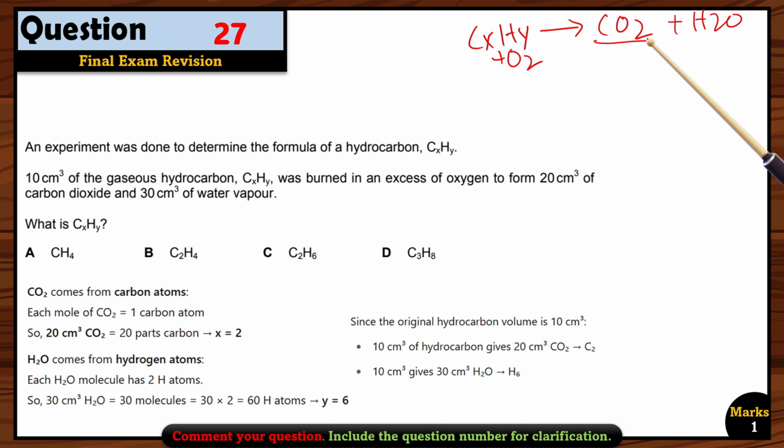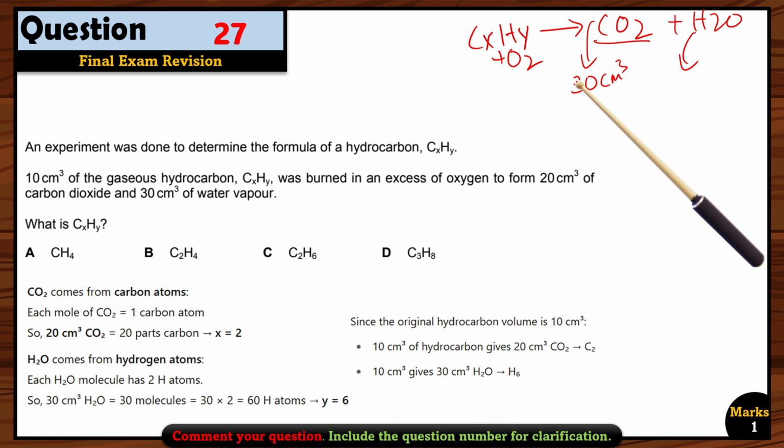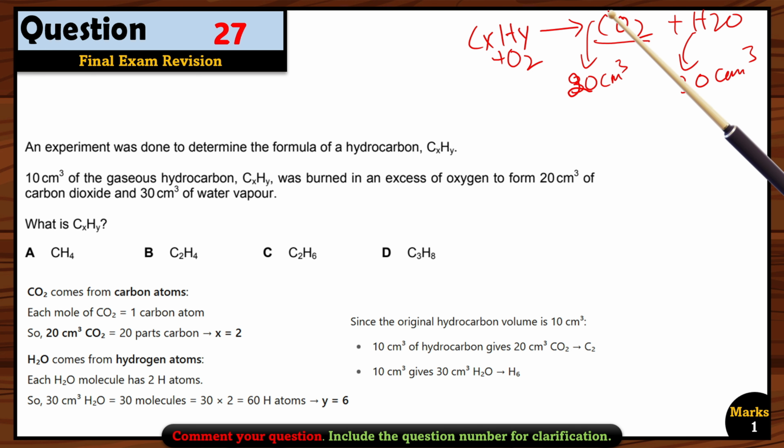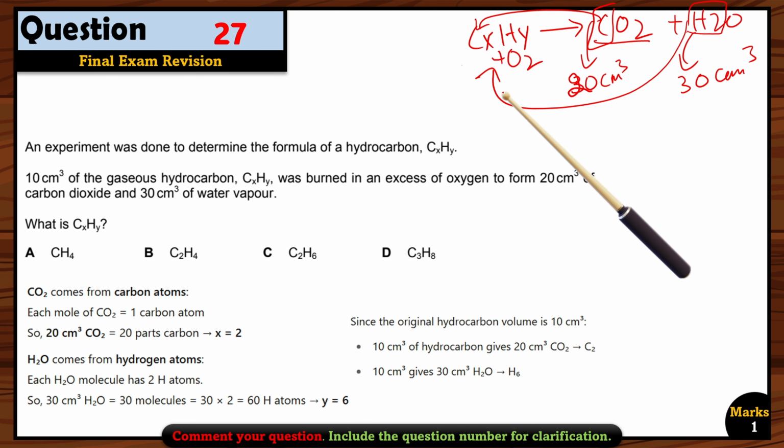Carbon dioxide, its volume is 30 centimeter cube, but for water it was how much? Sorry, the carbon dioxide was 20 and water was 30 centimeter cube. Now, if you see this question, this carbon is actually coming from the hydrocarbon, and the hydrogen is also coming from the hydrocarbon, and these oxygens are actually from the oxygen.